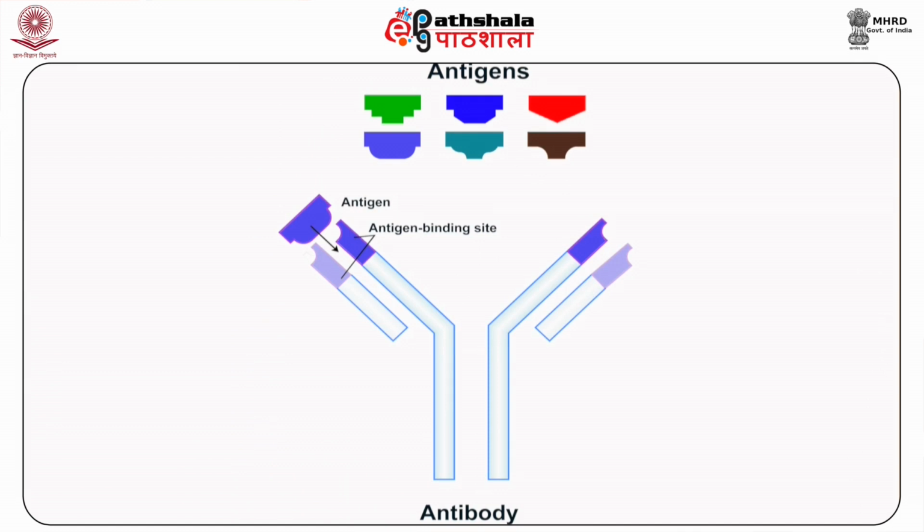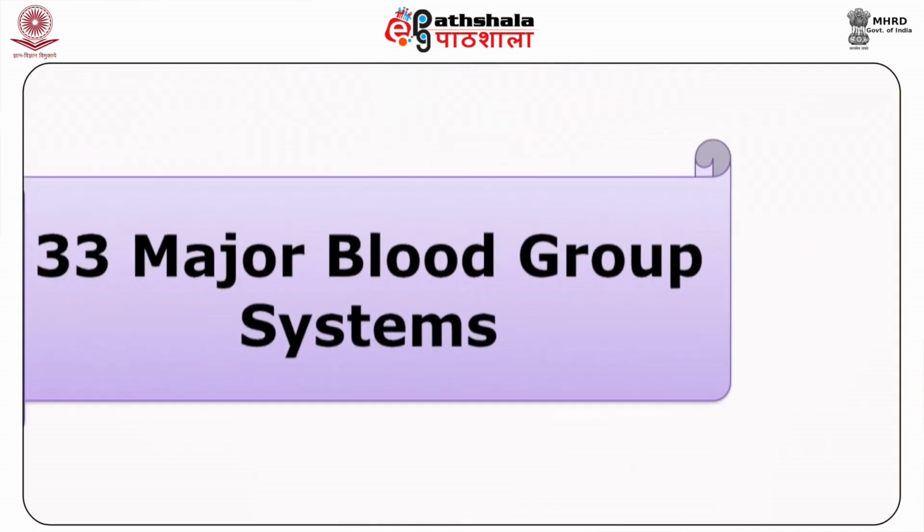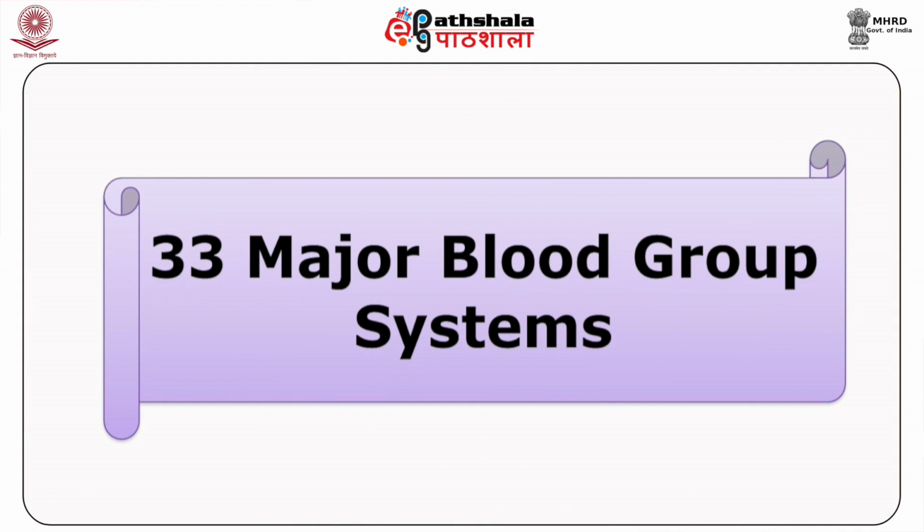This starts a process for destroying that foreign antigen. This process is known as immune response. Since blood possesses these antigens and antibodies, it can easily be characterized based on them.